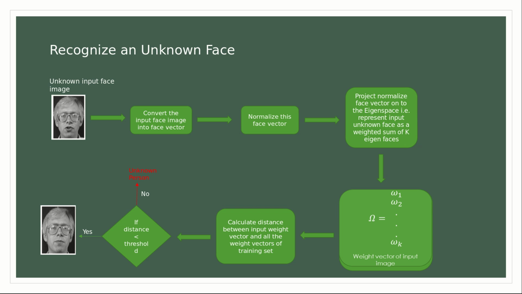Once we have done that, we represent that input face image as a weighted sum of the k eigenfaces. That gives us a weight vector of that input face image. Then we calculate the distance between the weight vector of the input face image and that of all the face images in the distribution set. If the distance is less than the threshold, then good news, it's a match. If it's not, then it's an unknown person.